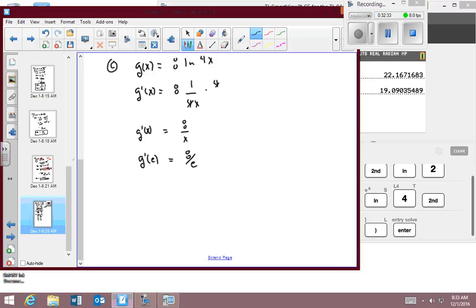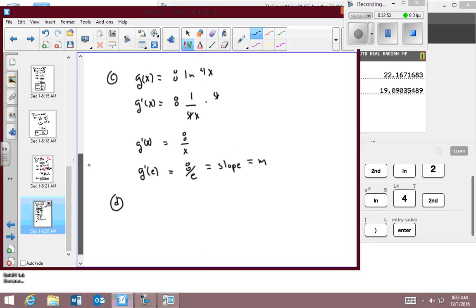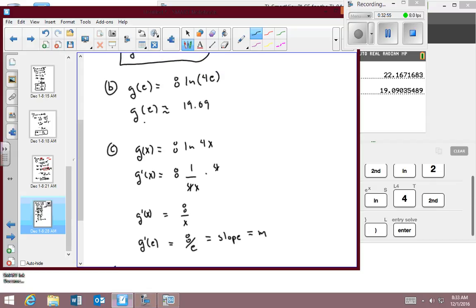Now, remember the first derivative is actually the slope at that point, so that's m for that point. Back up here, we have this point right here, which is (e, 19).